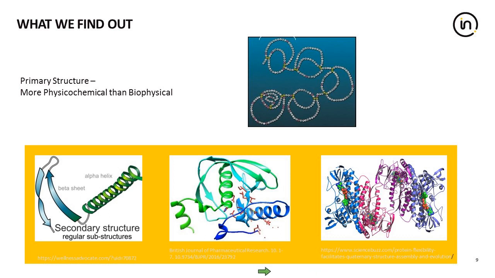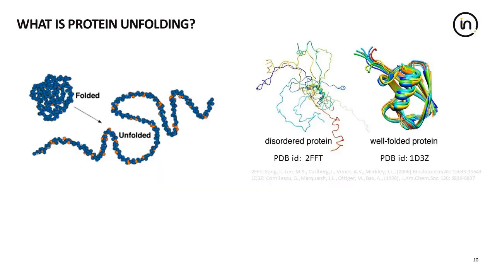So I've briefly mentioned protein unfolding. If we move on to the next slide, we need to also define what protein unfolding is. Unfolding, a loss of 3D structure of a folded protein sufficient enough to cause any loss of function, is called protein unfolding.